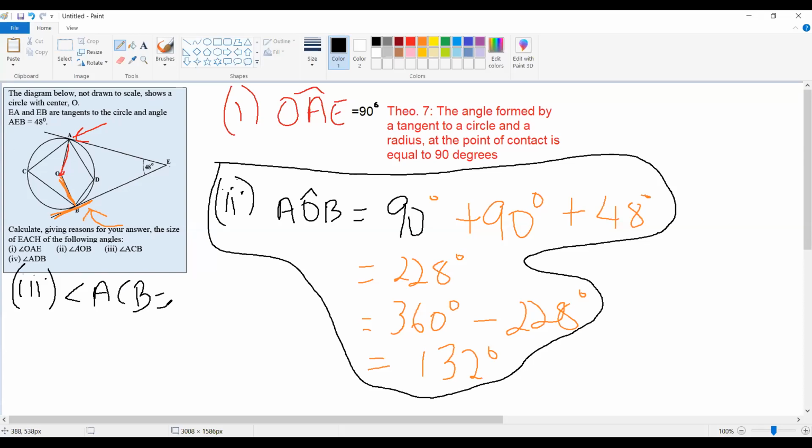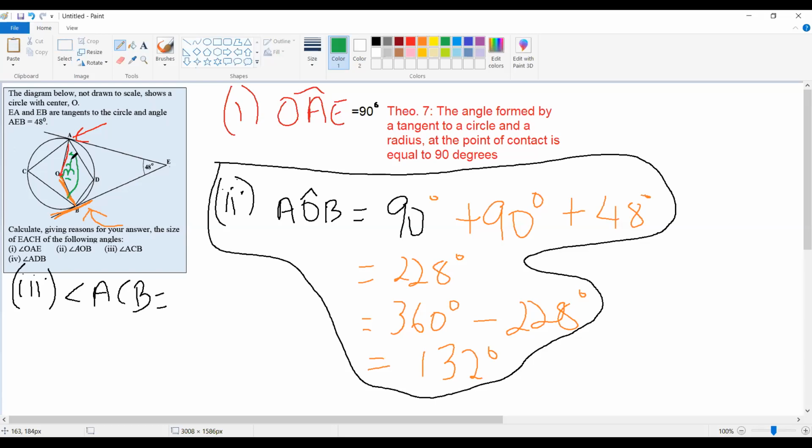Well, we just found the angle O, which is right here, and we found it to be how much? 132. I can't even write small now. Are you all seeing that?